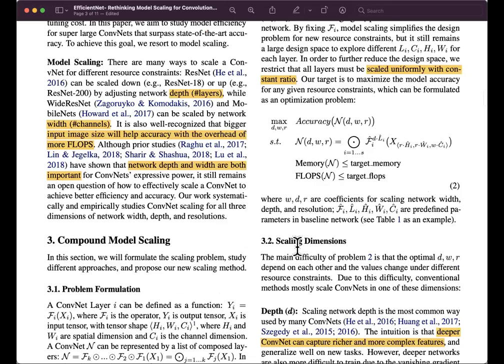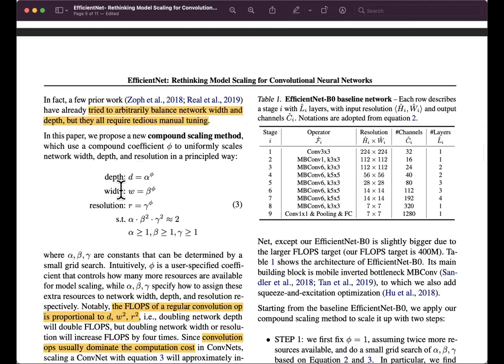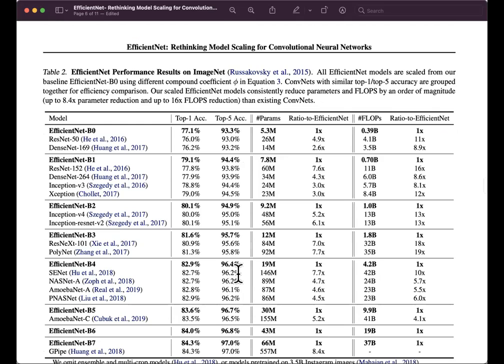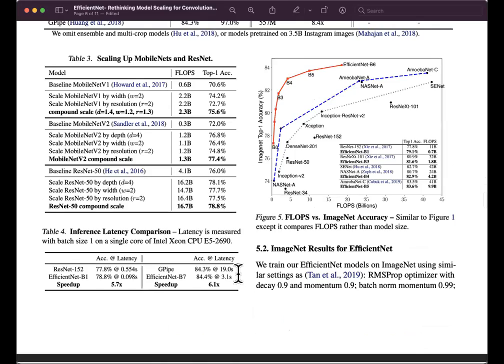To do that, they propose scaling by this coefficient phi in this exponential form, and then they do lots of experiments to verify this hypothesis.